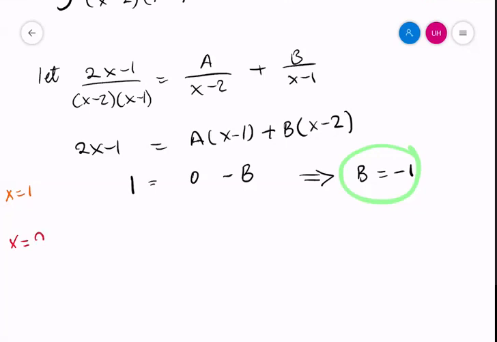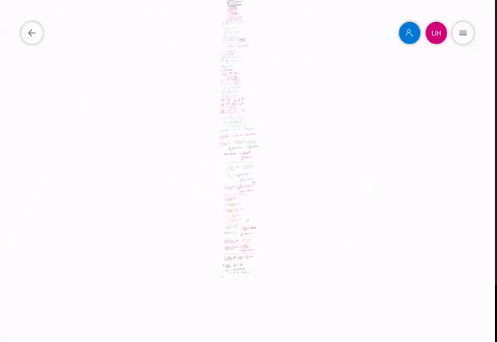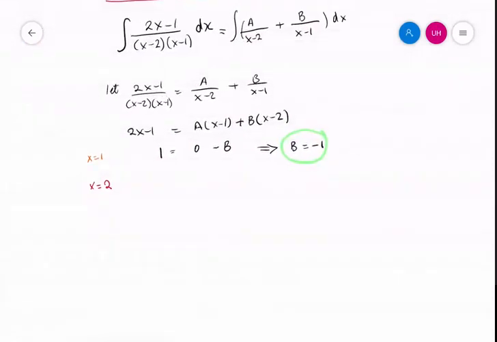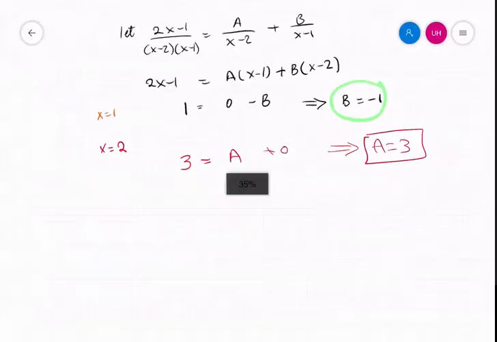So when x equals 2, this is going to be 4 minus 1, which is 3, equals 2 minus 1, which is 1a, plus 0, therefore a equals 3. So these are the two values we found of a and b.